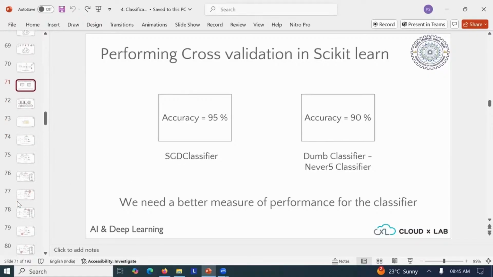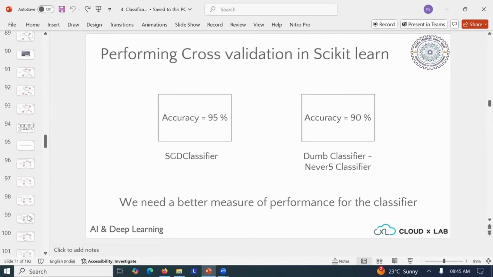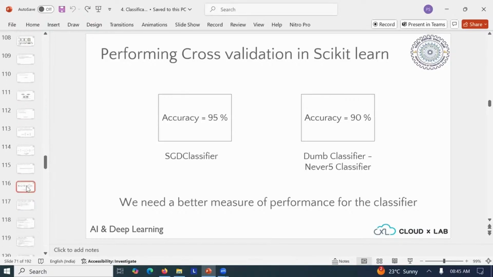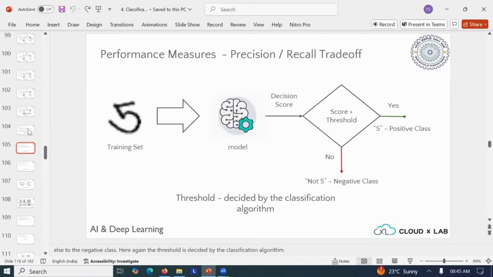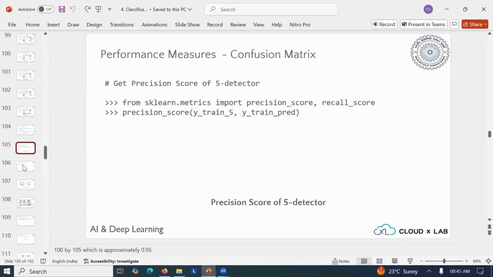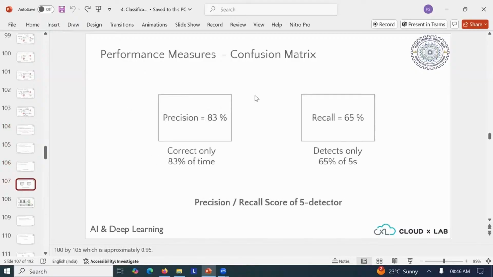So here we are getting a very good accuracy, 95%. But when you calculate precision and recall, we are getting 0.83 precision and 0.65 recall, right?